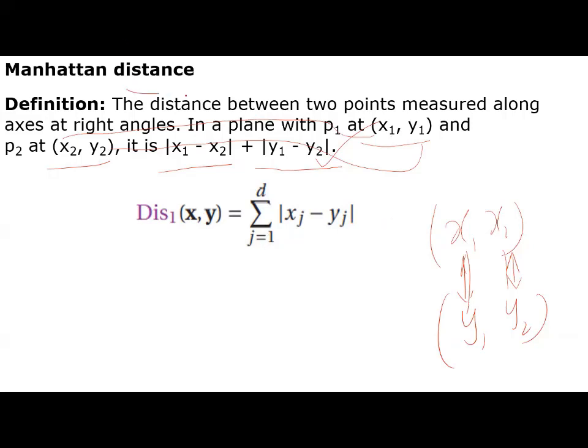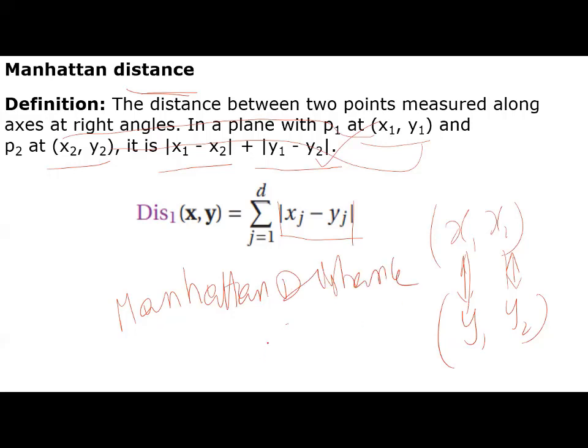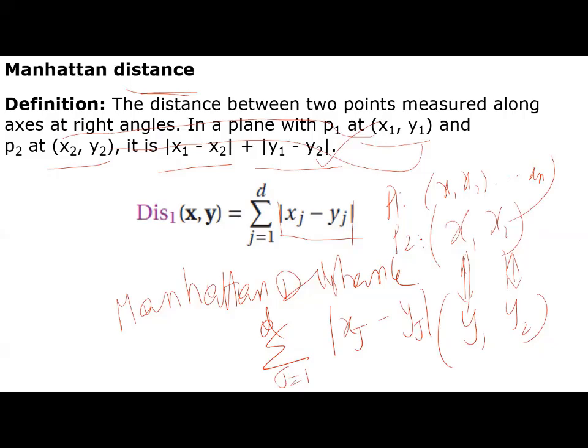This is called Manhattan distance: the sum over j equal to 1 to d of the modulus of xj minus yj. Remember, we have taken the points as x1, x2, up to xn and y1, y2, up to yn.